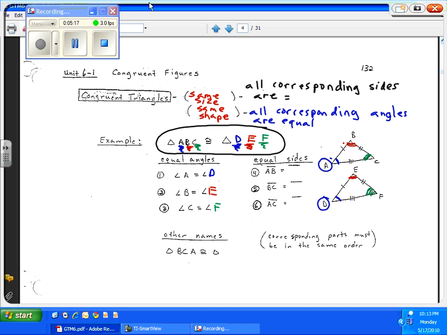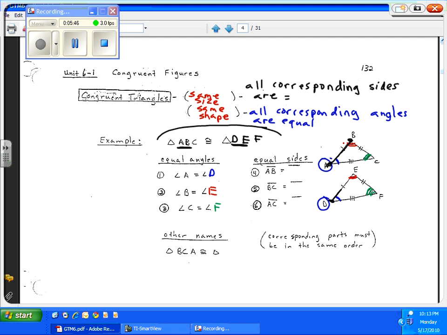Now, if we look at only the way they're named, I'll have to put that in there. If it was given that triangle ABC is congruent to triangle DEF, we could say that AB, the first two letters, if you take two letters at a time so you get a side, is equal to DE, the first two.